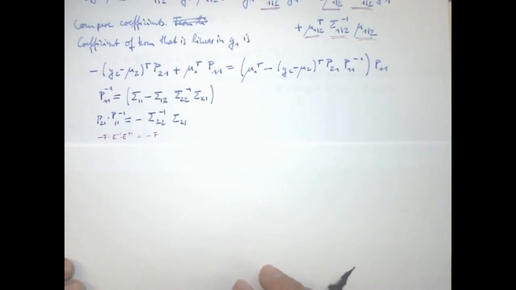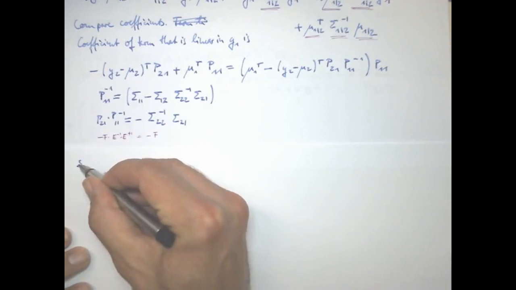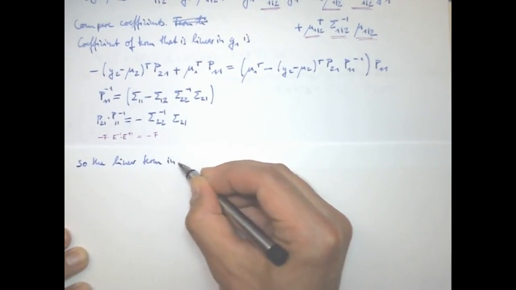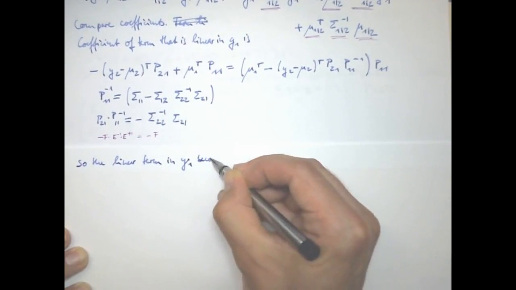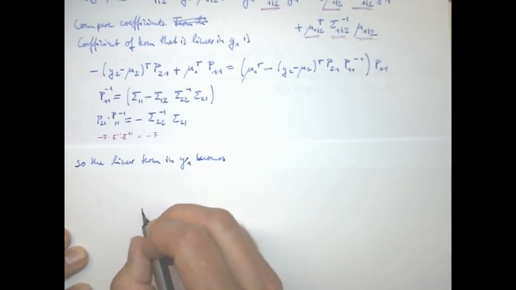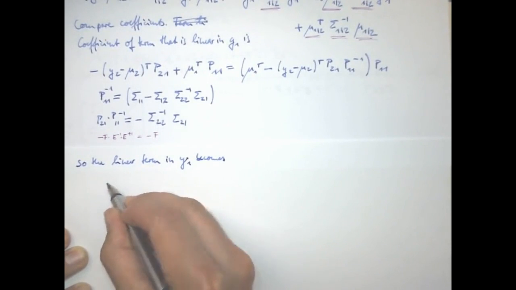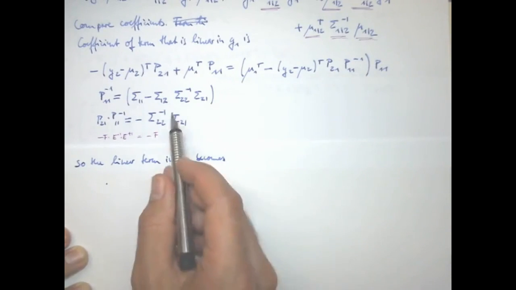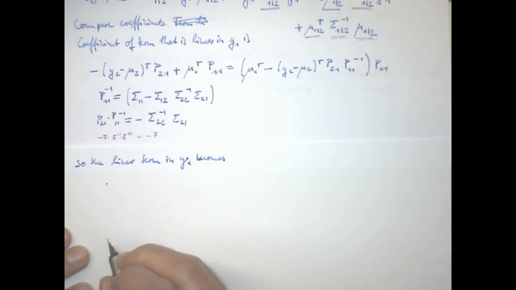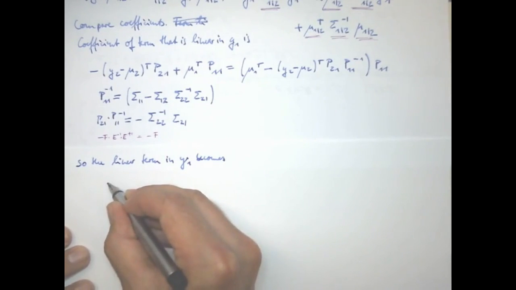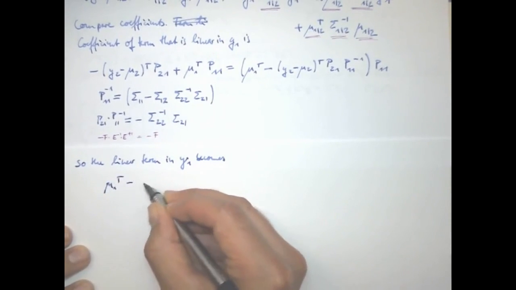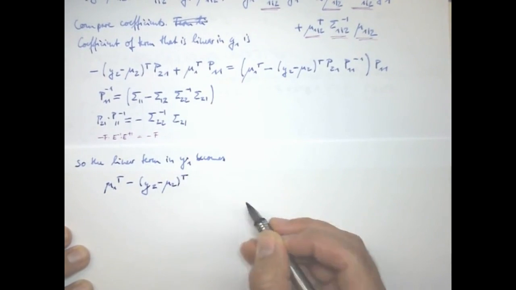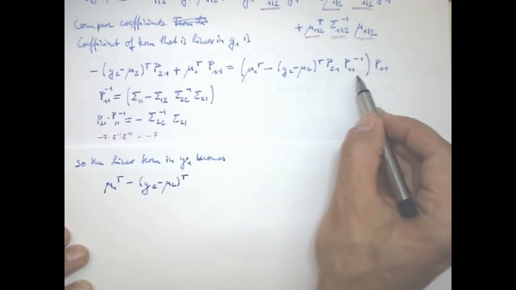So the term that's linear in y1 becomes the following. I am using this here and substituting the expressions just found. So P21 times P11 to the minus 1 is given by this one here.